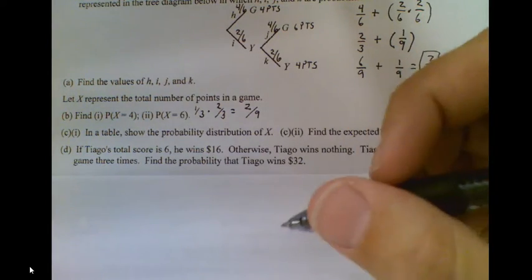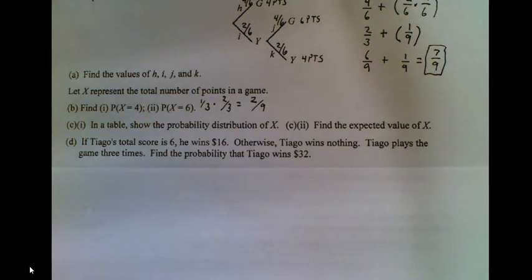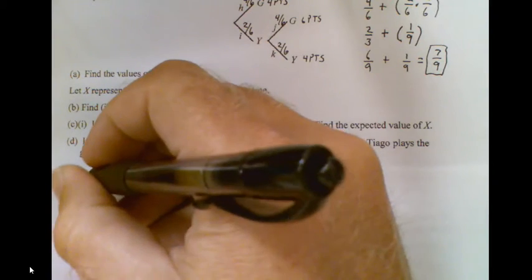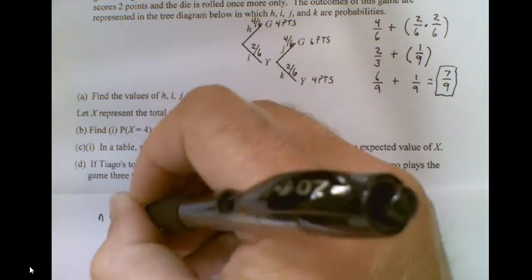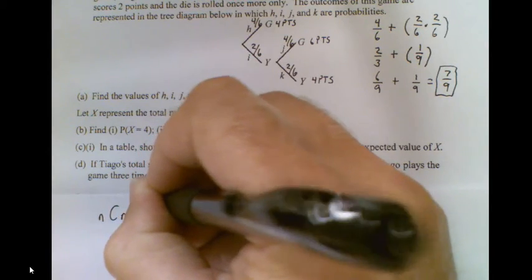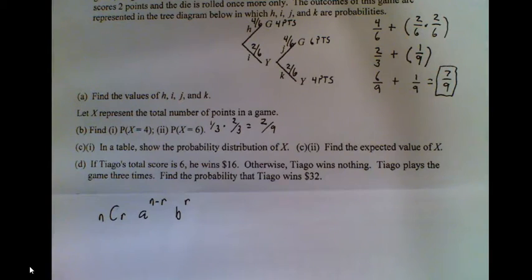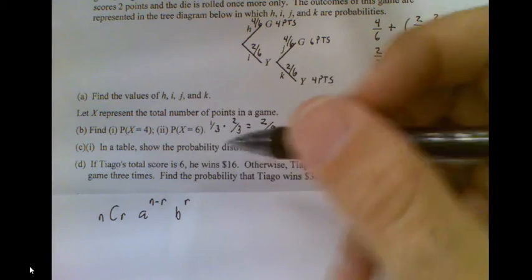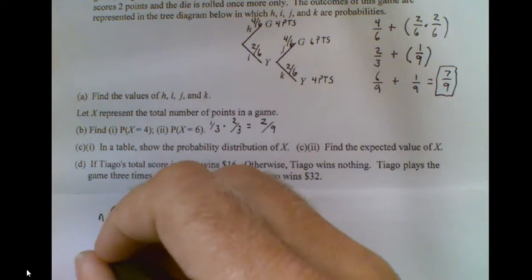One way we could look at that is with one of the formulas in our binomial theorem expansion that we've looked at before, and that's with the combination. It looks like this: nCr times a to the n minus r, b to the r. We could look at it with a case like this. The n, the number of trials, we know is 3.